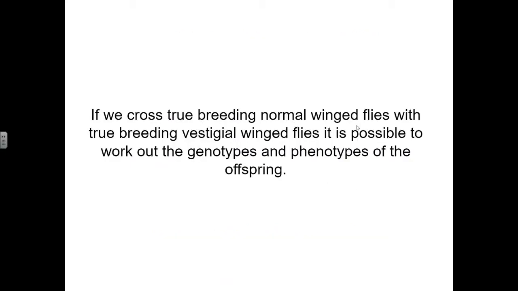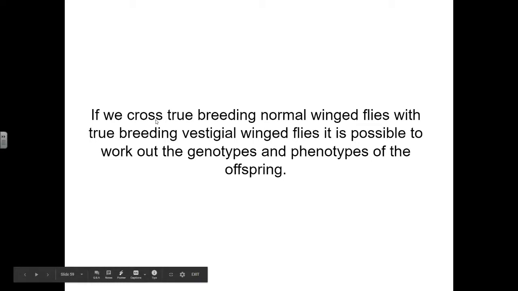If we true breed crossed a normal winged fly, capital N, with a true breeding vestigial, small n, is it possible to work out what the genotype of the offspring will be? You can actually 100% of the time say that the normal one will pass on only the normal allele, and the vestigial one, because they're both true breeding, will pass on the vestigial.